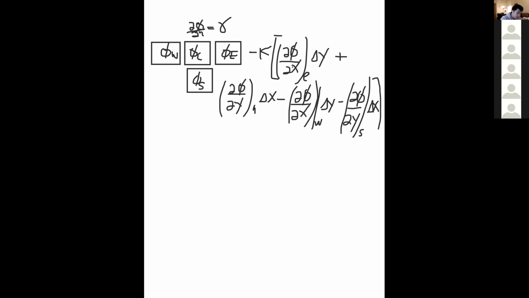And so what we're going to do for the Neumann condition is take this entire thing, the derivative on the north face, and just replace that with gamma.